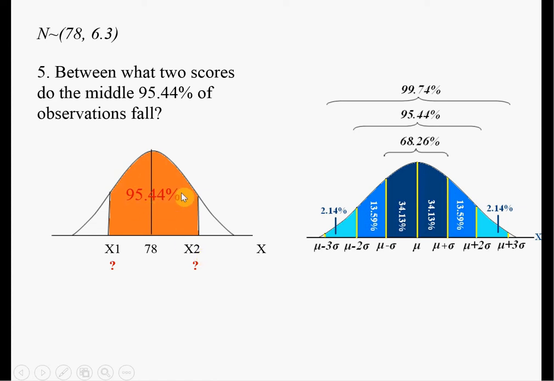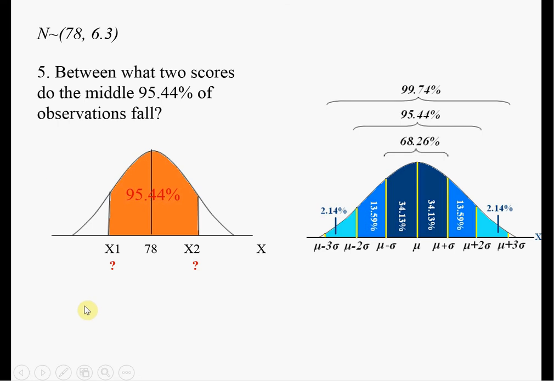So this percentage number gives us a clear clue regarding how many standard deviations x1 is below the mean, and how many standard deviations x2 is above the mean. And based on those clues, we can calculate the actual values of x1 and x2.